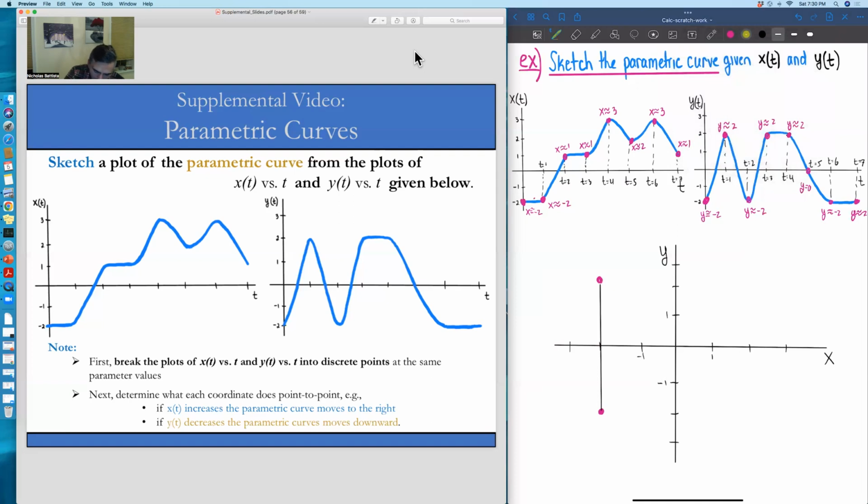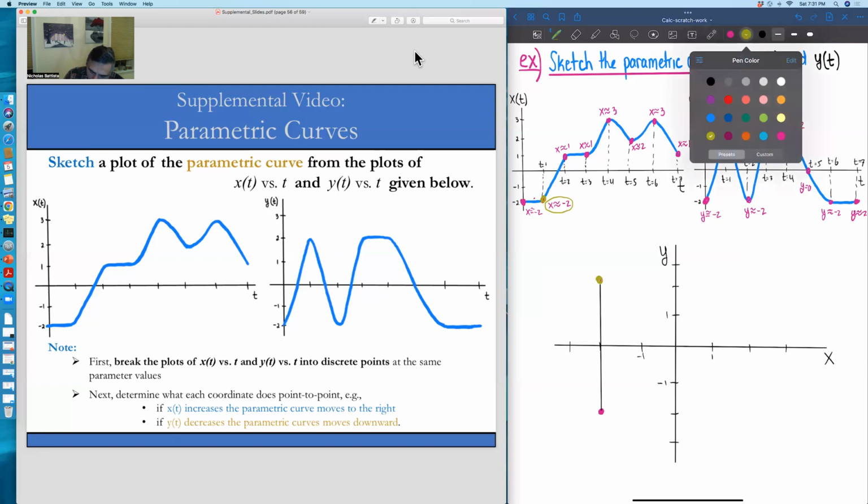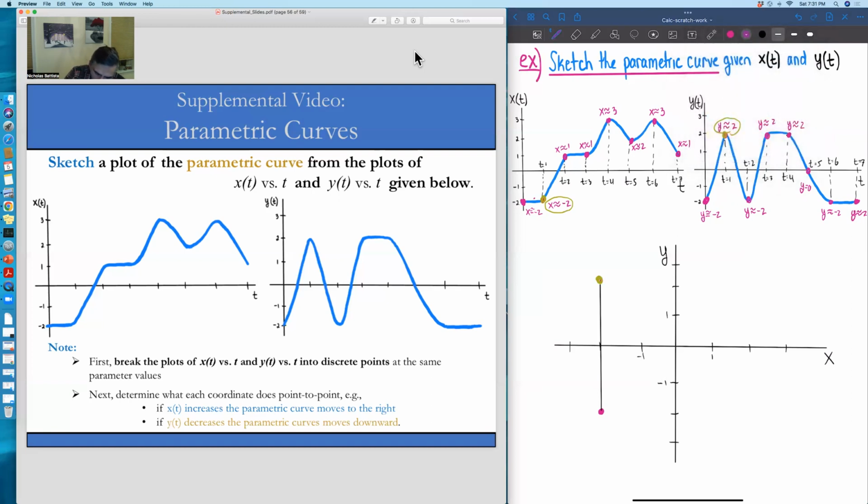So first, looking at what happens when t is 1, our x value looks like minus 2. Our y value looks like 2. Again, that is the point that we plotted earlier. All right, so going to the next point, when t is 2, our x value looks like 1, and our y value looks like minus 2.